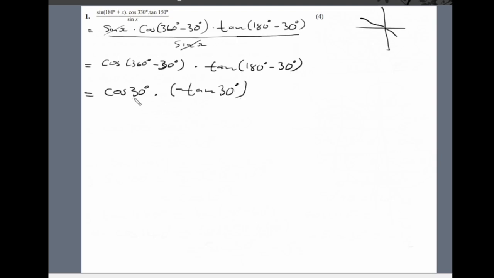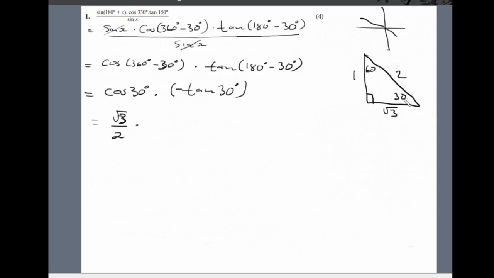Okay, so 30 degrees is a special angle, so you'll have to remember the triangle: 30, 60, 90. Sine 30 is equal to 1 over 2, opposite over hypotenuse, and then the third side is the square root of 3. So cos 30 is adjacent over hypotenuse, the square root of 3 divided by 2.